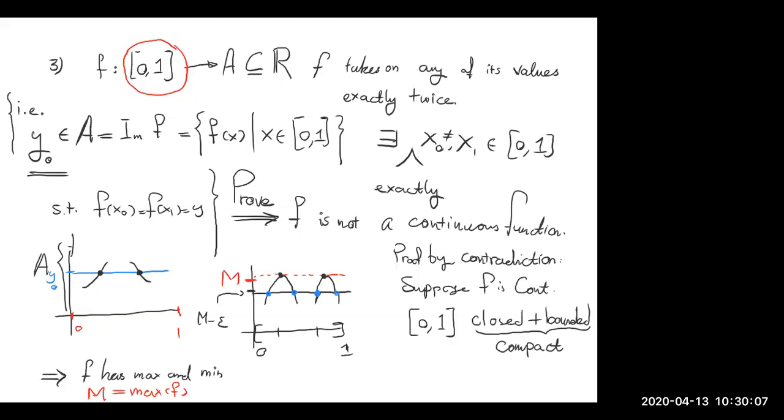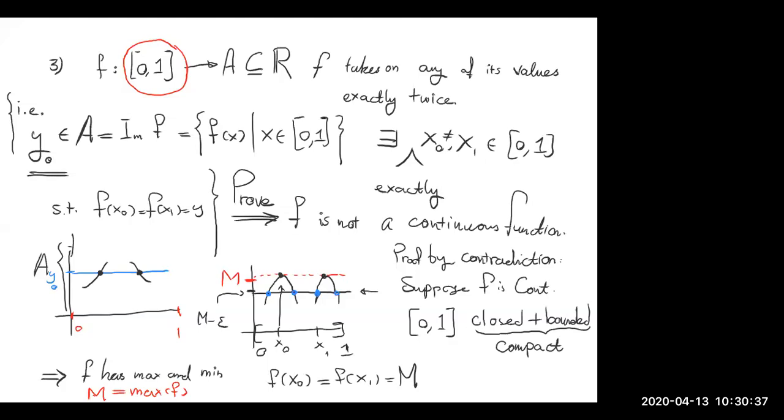So let's name these 2 points x0 and x1, so f of x0 equals f of x1 equals M. Does anyone see what's wrong with this argument? If the argument of Hugo is correct, we have a contradiction because there are 4 points taking the value of M minus epsilon.